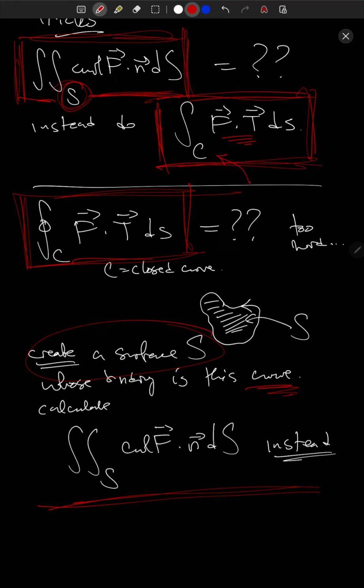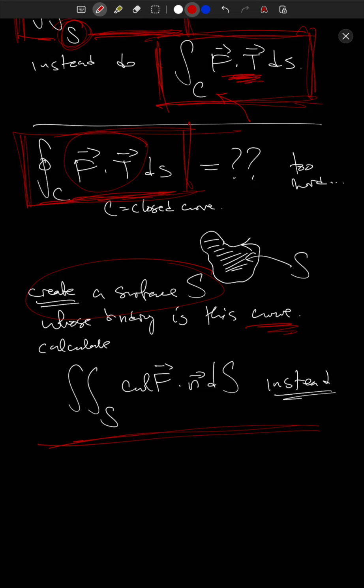The first one is more obvious because if you literally see curl of f dot n, you immediately think of Stokes' theorem. But down here, you don't necessarily think of Stokes' theorem because it's just a regular work integral. So this option can go under the radar.